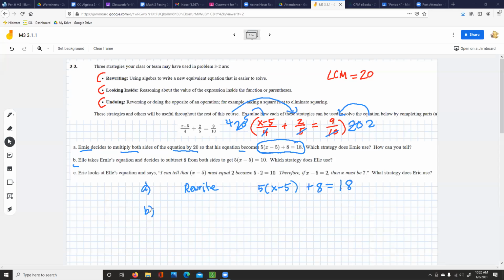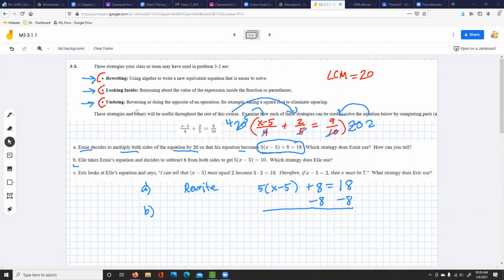Okay, so next L, so that is part A. Here's part B, see what L says. L takes Ernie's equation. He takes this equation and decides to subtract 8 from both sides. Well, if she subtracts 8 from both sides, which strategy is that? Is that rewriting, looking inside, or undoing? It's not looking inside, right?